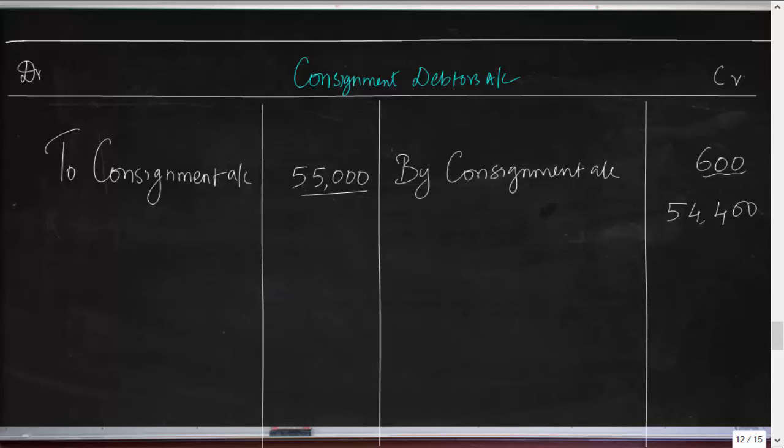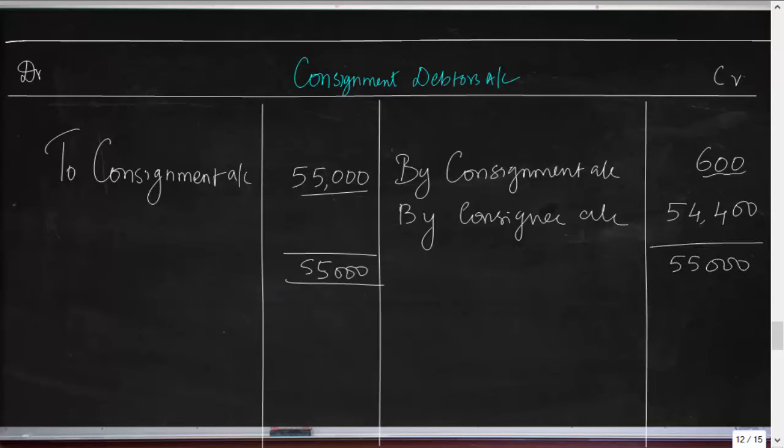That is, the consignee would have received this 54,400. We are not going to pass that cash receipt entry, rather we'll directly debit it to consignee. So we'll say by consignee account 54,400. So let me total and close this account. It is 55,000 both sides. So now I am closing this account.